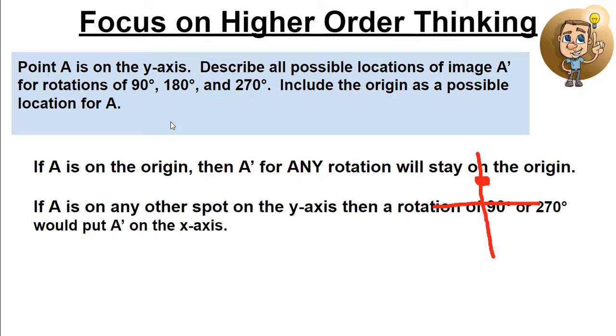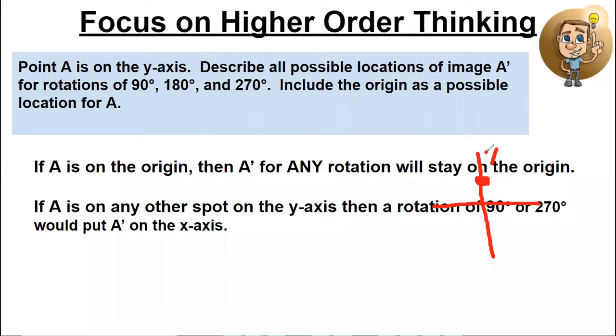If A is on any other spot on the y-axis, which is where we just are right now, then the rotation of 90 or 270 will put A prime on the x-axis. Think about it. When we rotate it 90 degrees, it'll be here. If we rotate it another 90 degrees, that's 270, it'll be over here, right? No, it would be over here. Sorry. Let me erase that.